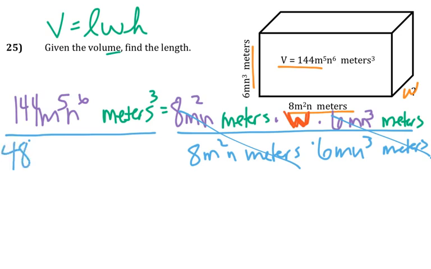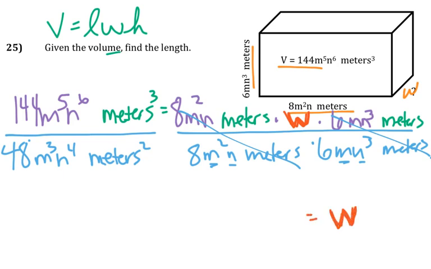And I know that m to the second times m is m to the third. And I know that n times n to the third is n to the fourth. And I know that meters times meters is meters to the second power, because I have to divide by the same thing on both sides. Okay, so what I have on the right-hand side is my W.